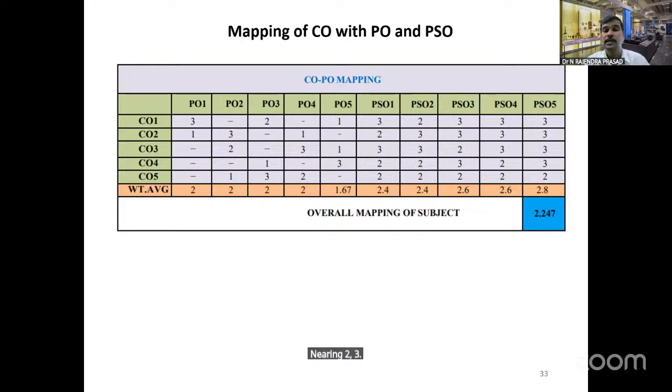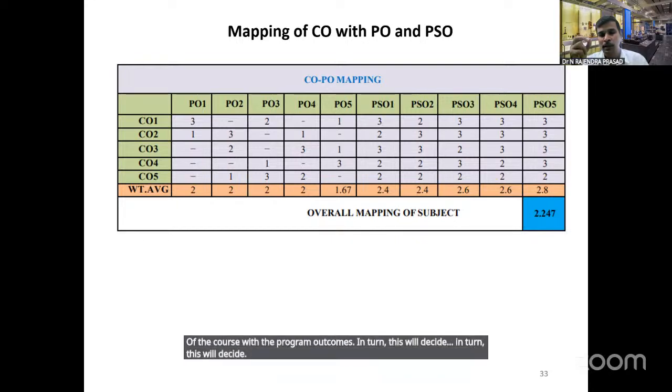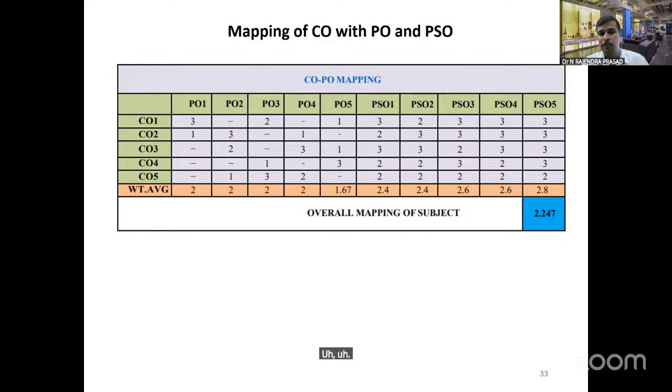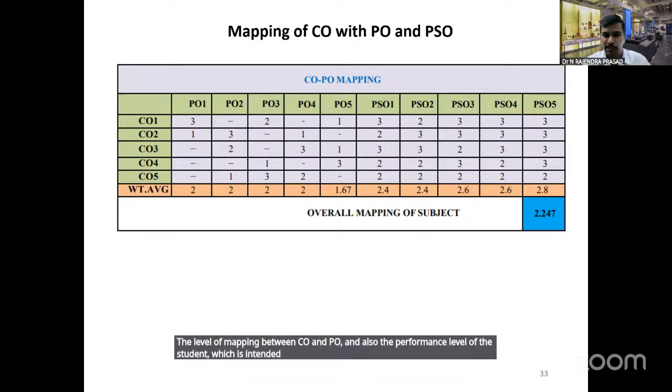This is how you can decide the mapping strength of the course with the program outcomes. In turn, this will decide the level of mapping between CO and PO, and also the performance level of the student, which is intended during the assessment process.